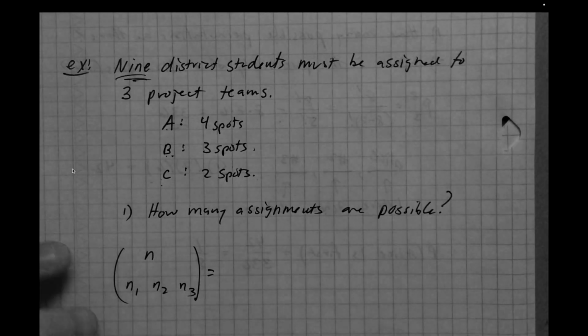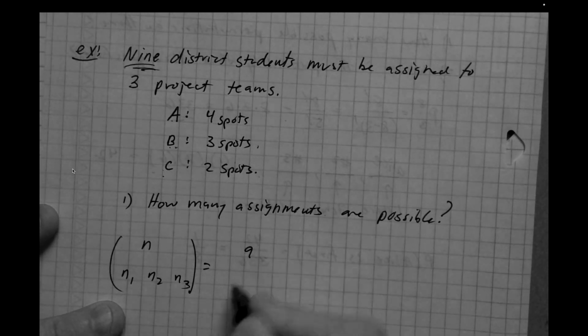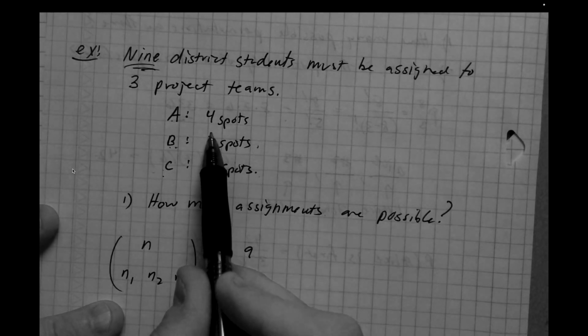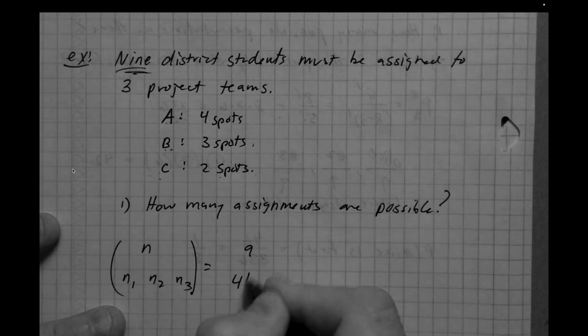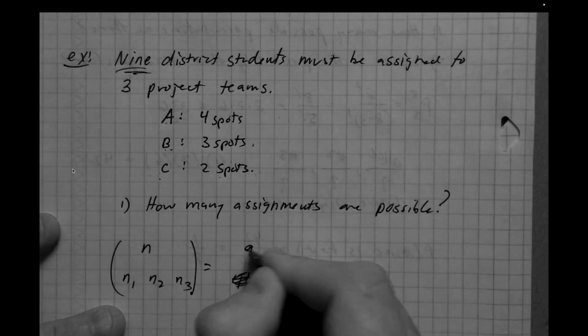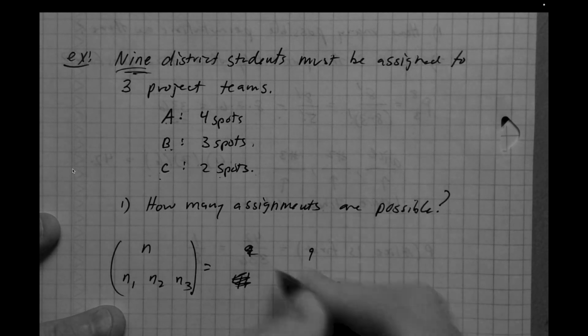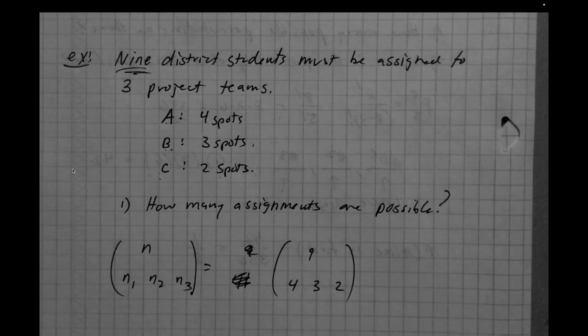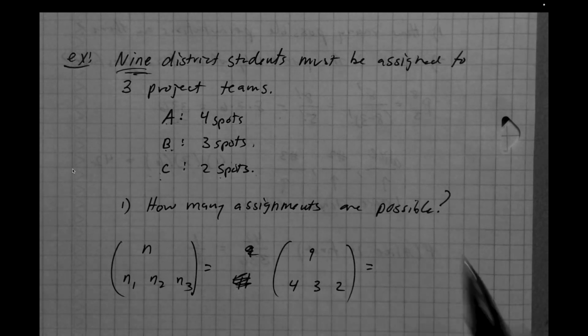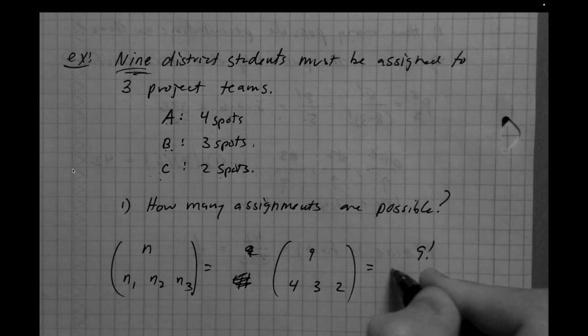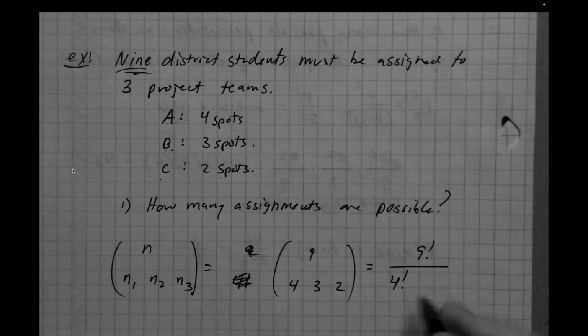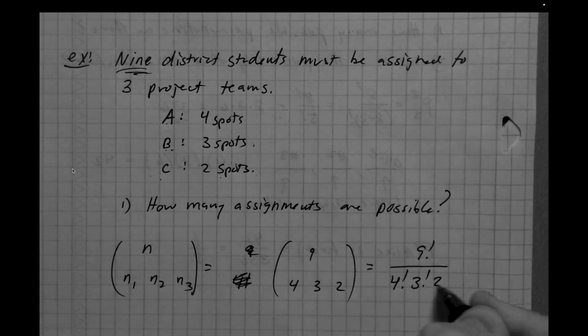Okay, and so the n here is the 9. n1, n2, n3 is the number of spots respectively. So 9, and then 4, 3, and 2. Right, this is the notation we use to denote this number. But then how do we calculate it? Well, it's 9 factorial divided by 4 factorial times 3 factorial times 2 factorial.